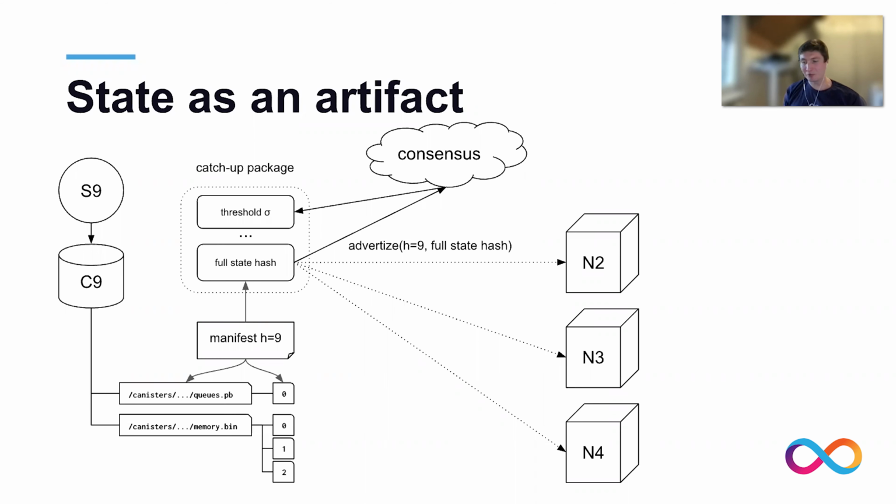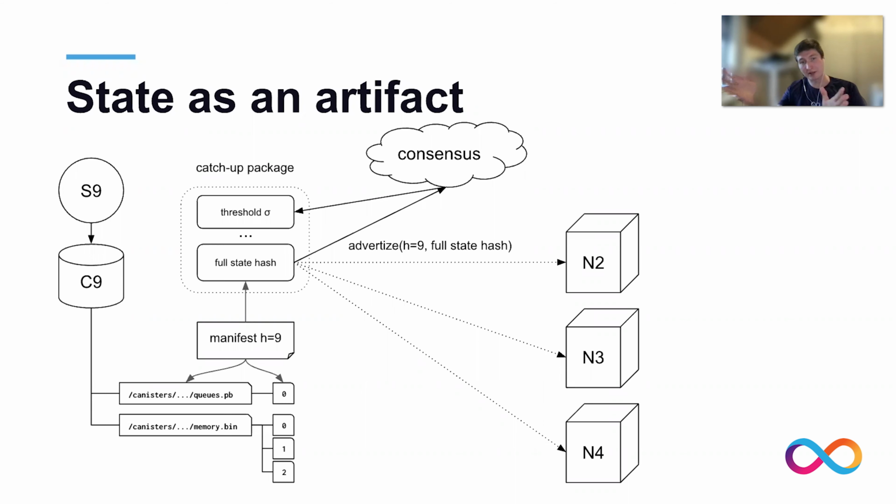Okay, now we know why we want to do the state transfer. Let's take a look at how it's done. So from time to time, the replica takes the state it has and persists it into a disk, into a folder, basically.